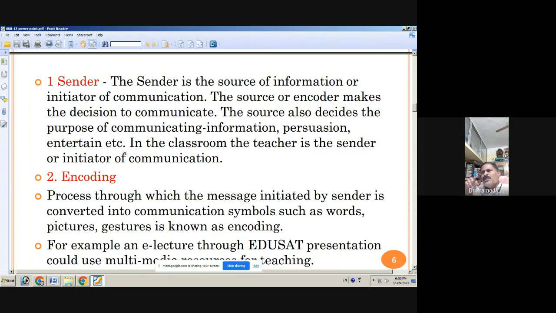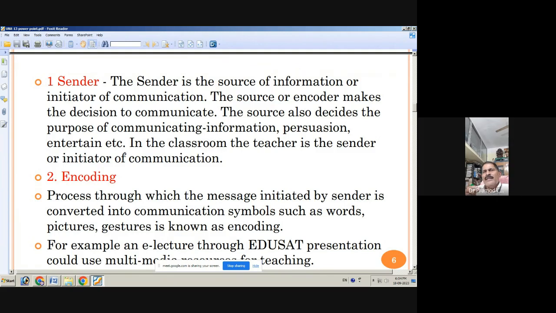The source also decides the purpose of communicating the information: persuasion, or entertainment. In what sense he is going to communicate the message. In the classroom, the teacher is to be considered the sender, and he is the initiator, and he can initiate the message.